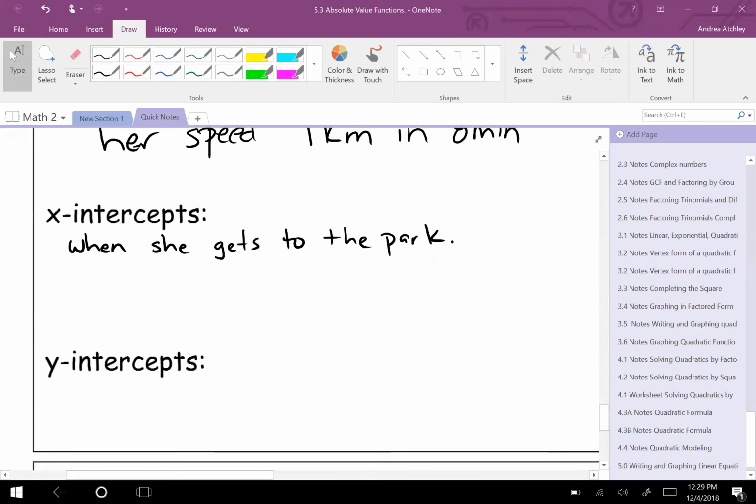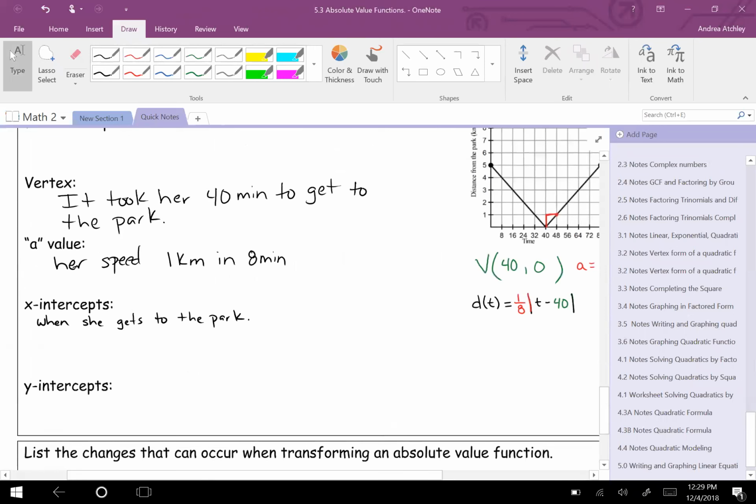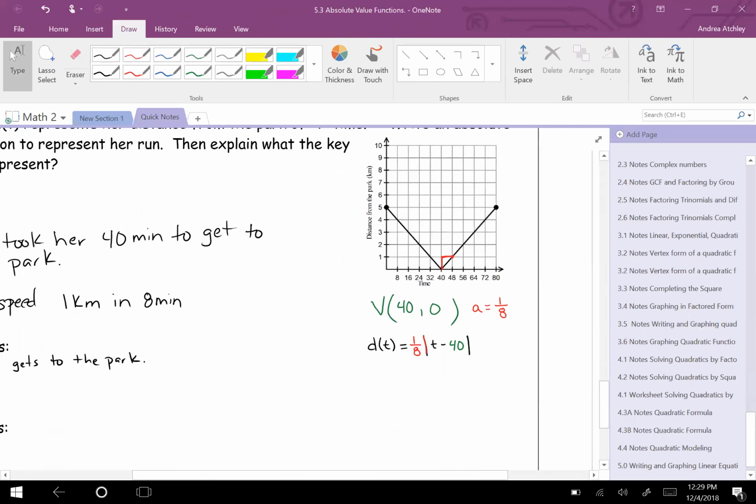Okay, what about the y-intercept? It represents the distance to the park. Okay. So in this case, where is she at when she starts? 5 miles away. She's 5 miles away, and where is she starting from? Read it. Where is she starting from? Her house.